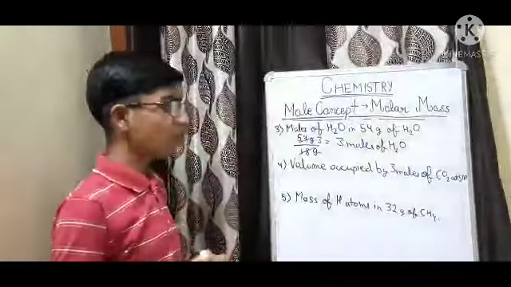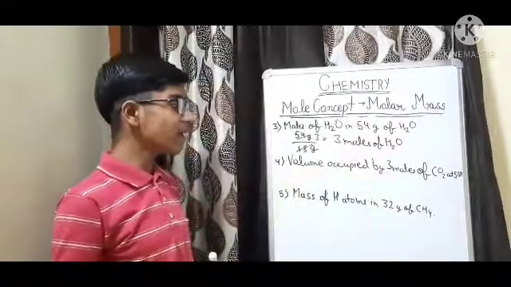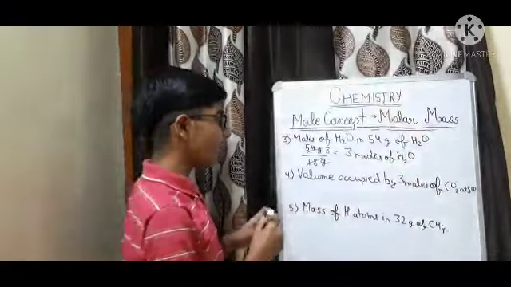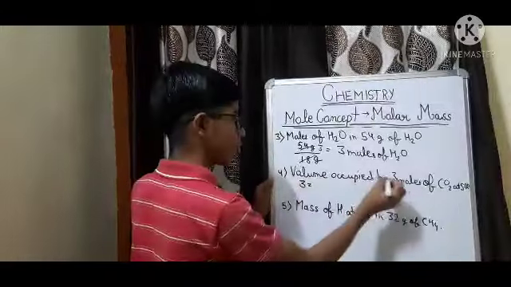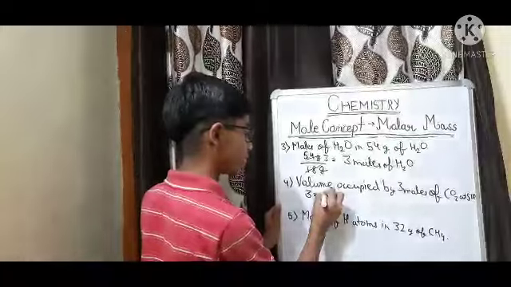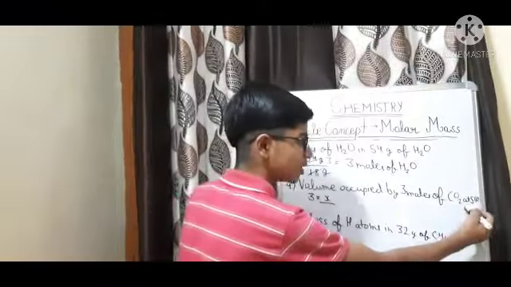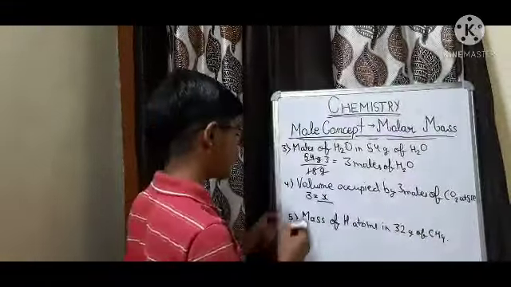So the next question is: volume occupied by 3 moles of CO2 at STP. Now over here, what is given? They have asked about the volume which is occupied. So as we know the formula used, number of moles, which is 3, is equal to the given volume. That we need to find, so we will name it X, upon, since it is at STP, the molar volume will be 22.4 liters.